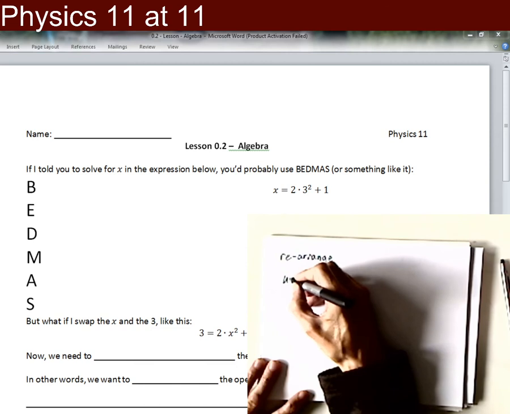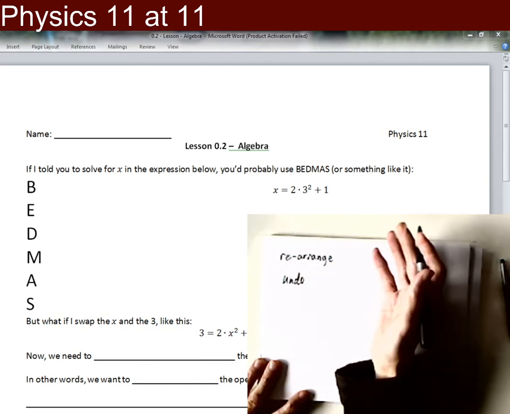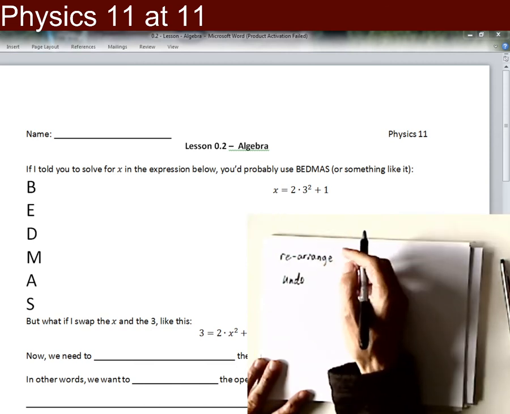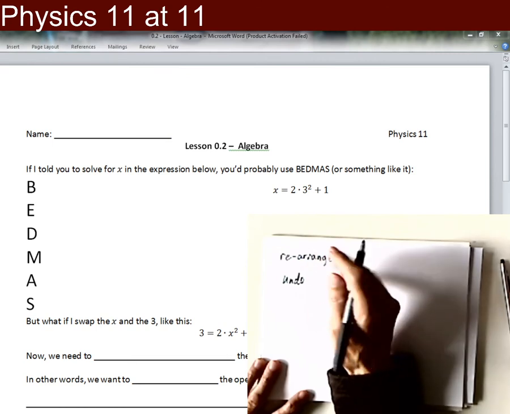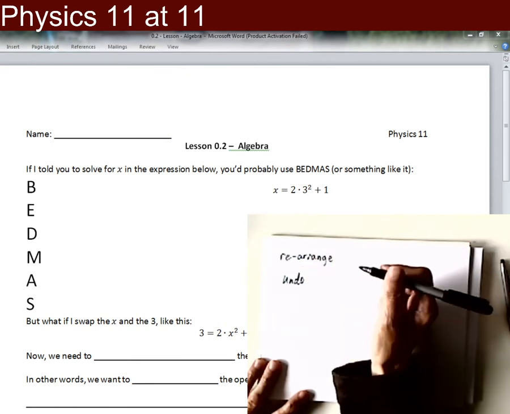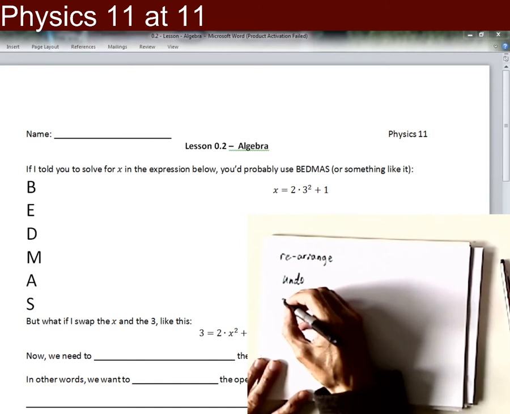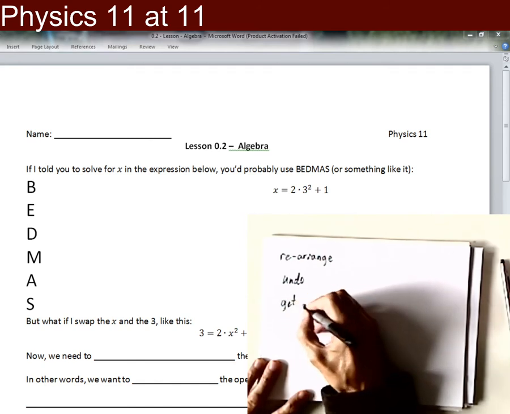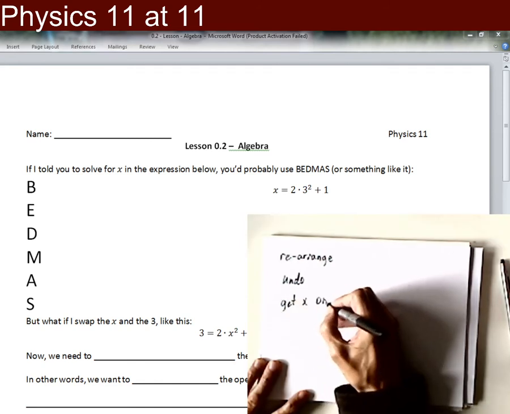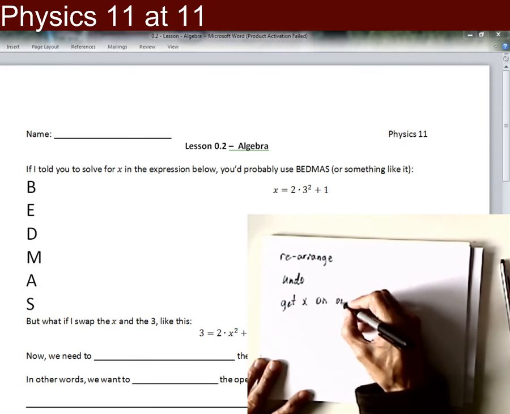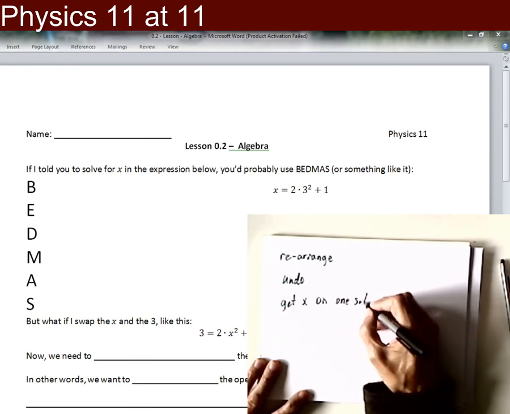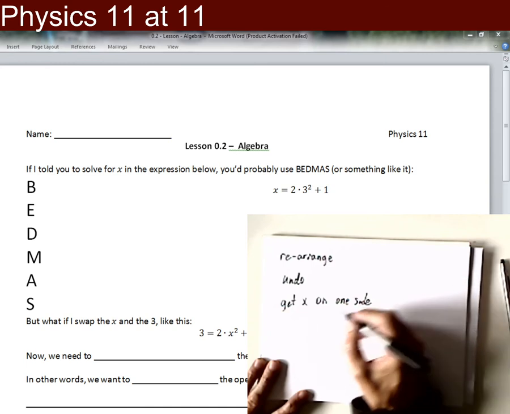We have to rearrange so that we undo. That's the next blank. In other words, we want to undo the operations so we can get an x on one side of the equation by itself.